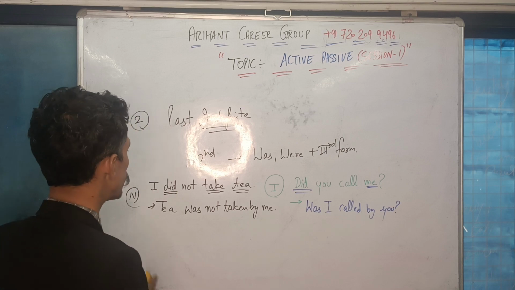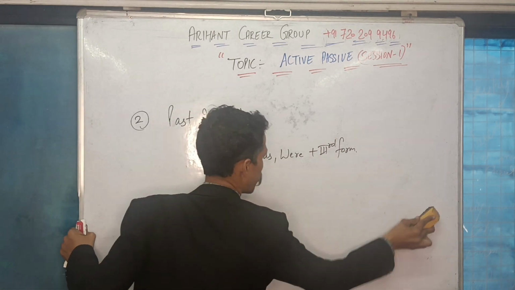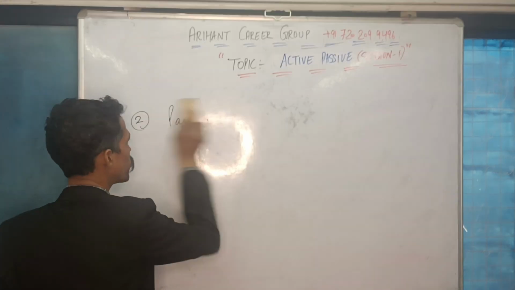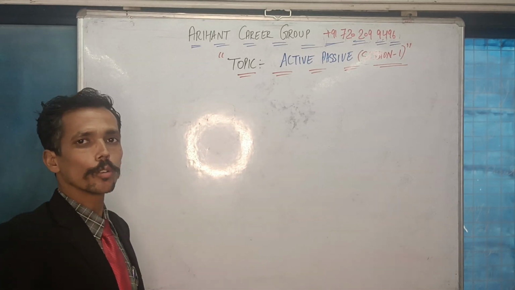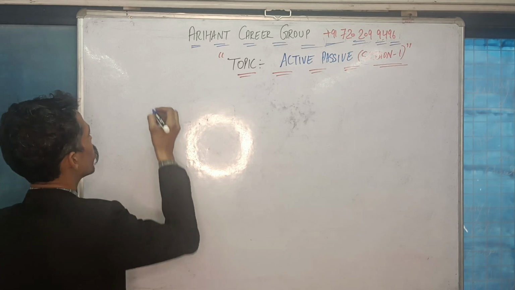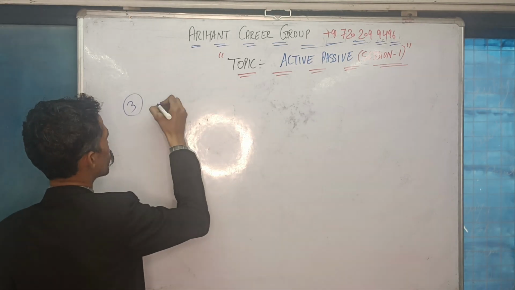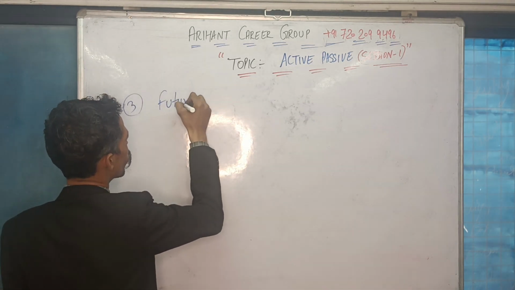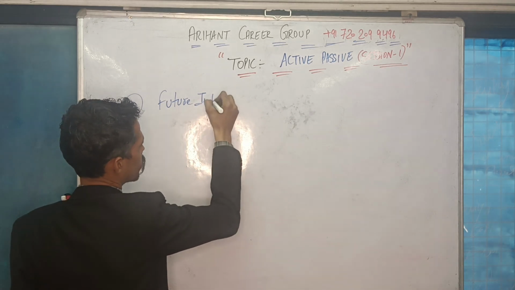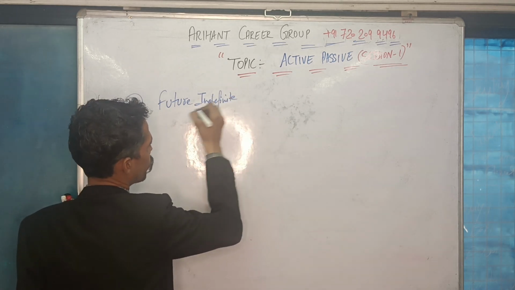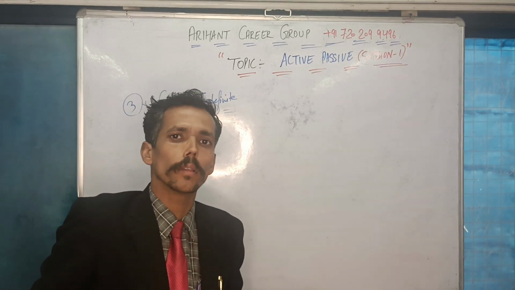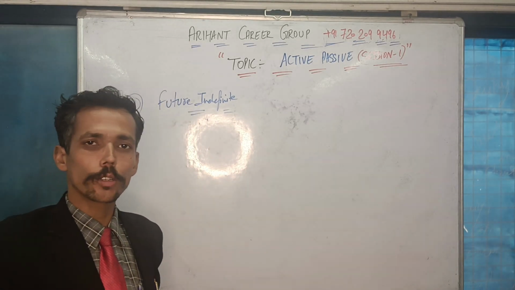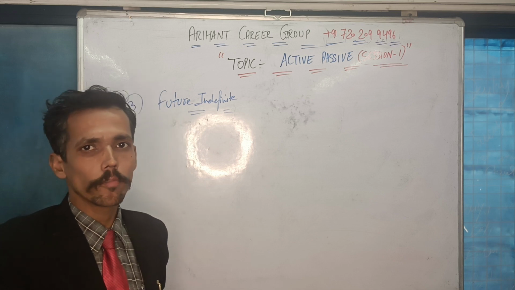Now let us discuss the third rule. My dear friends, the third rule is very important because people always have confusion about how to use will or shall in their sentences. The third rule that I want to discuss with you is future indefinite. Sometimes people also call it future simple, like present indefinite, present simple; past indefinite, past simple; future indefinite, future simple.